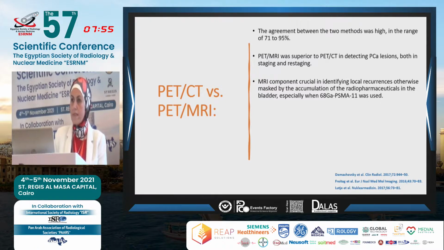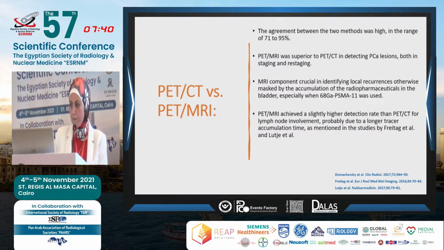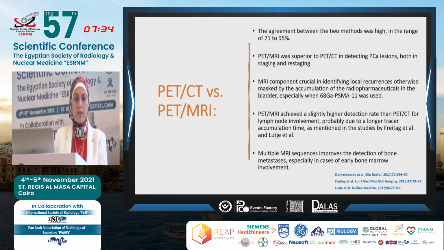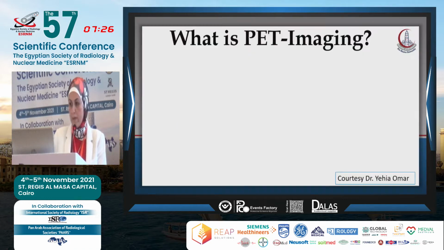Also, MRI is very crucial in evaluating nodal metastasis, because the longer acquisition time for PET imaging on the MRI machine allows detection of smaller lymph nodes compared to PET-CT. MRI also has an added value in evaluating bone marrow lesions, being more sensitive than CT alone, which can miss early marrow involvement.